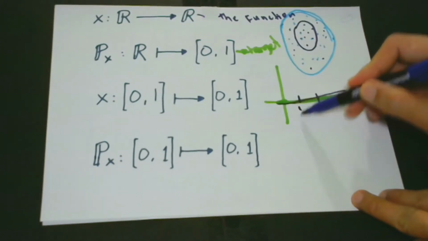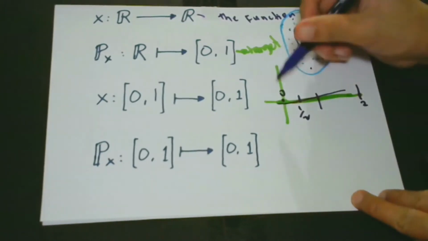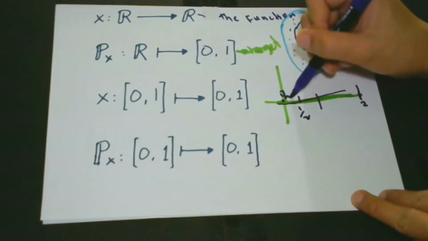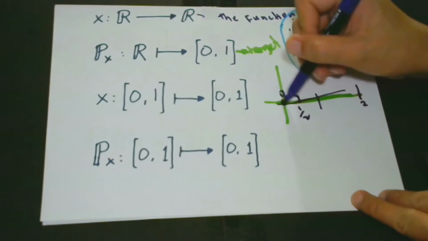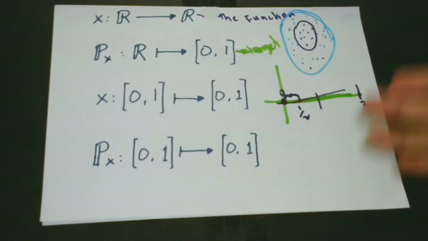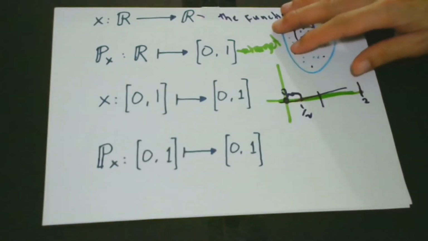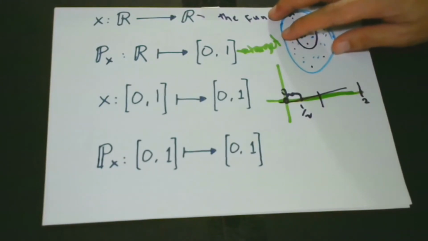So this is 1/2, and this is the origin, 0. What we're going to consider is only from 0 to 1/2, not above it. Again, let me repeat the problem: what is the probability that a uniformly distributed random variable on the unit interval takes values less than 1/2?